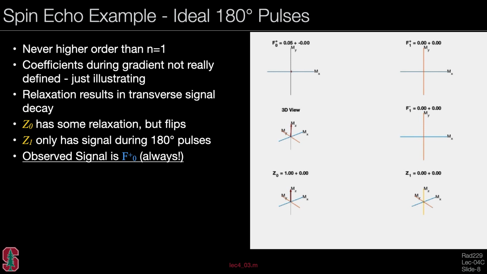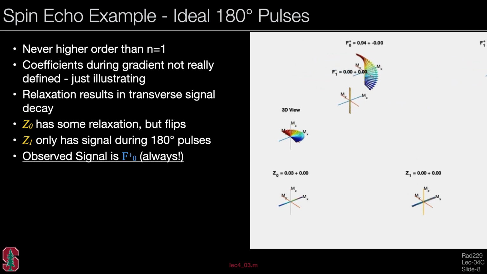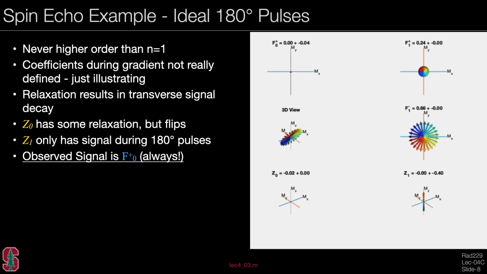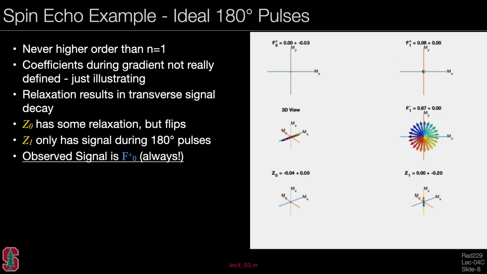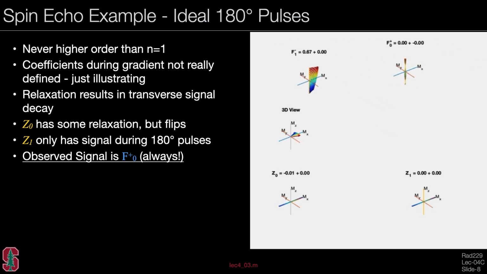So let's play this video of the example that we just saw. It will pause at each point where the states are defined, and hopefully give you some intuition for how the magnetization moves through these states. So we excite the signal, it dephases and moves to the F1 state, it is refocused and forms a spin echo, and then this repeats, refocusing, rephasing to a spin echo.